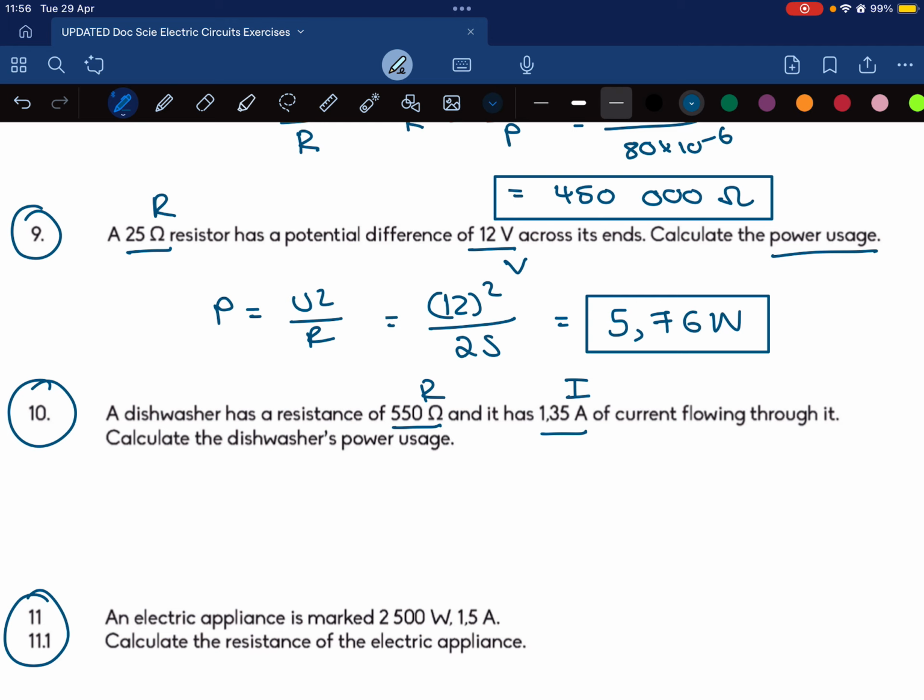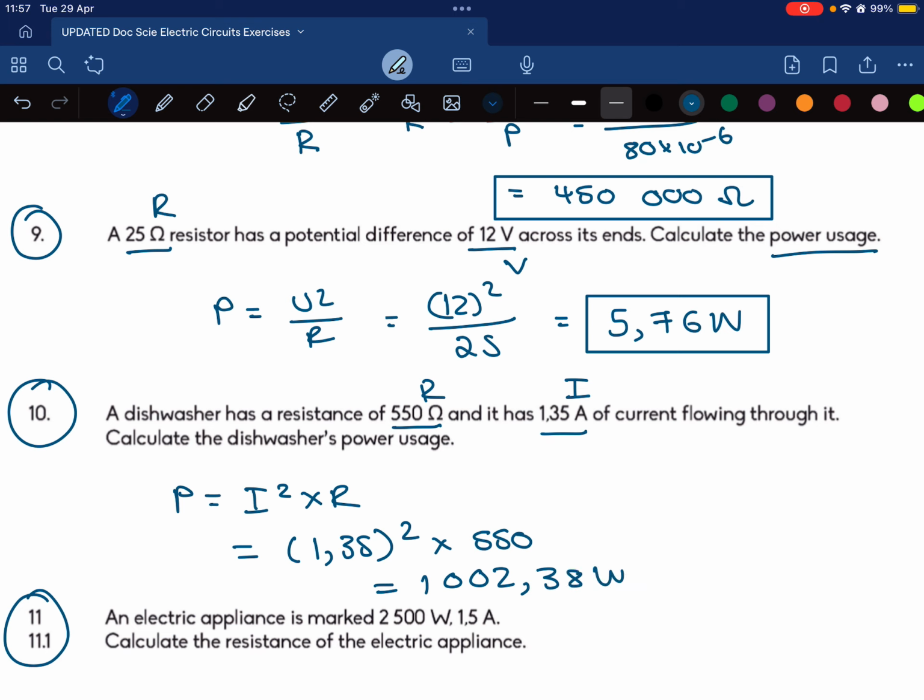We have an equation that power is equal to I squared times R. The I is 1.35 squared multiplied by 550 ohms, which is going to be equal to 1002.38 watts.